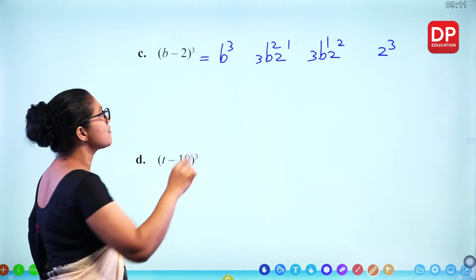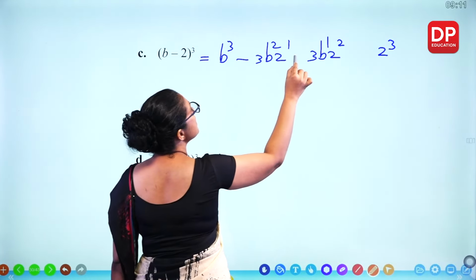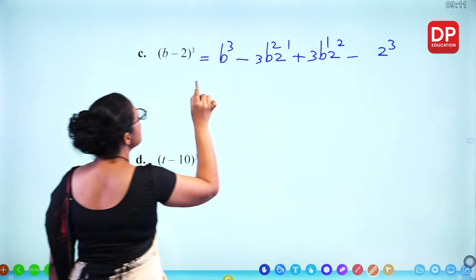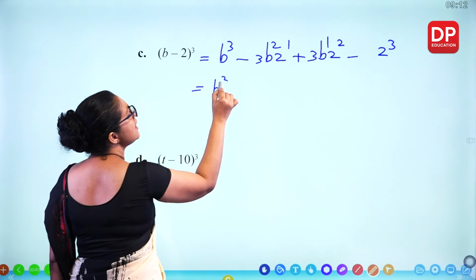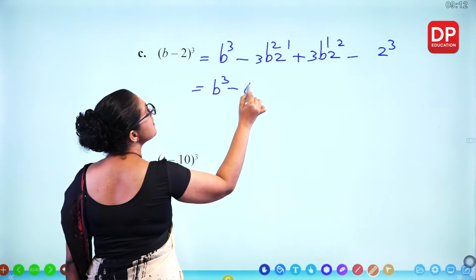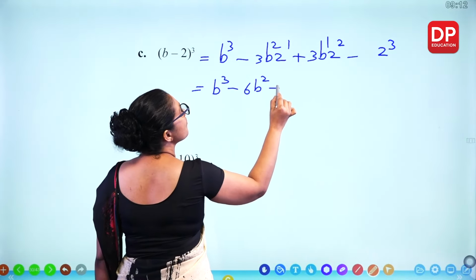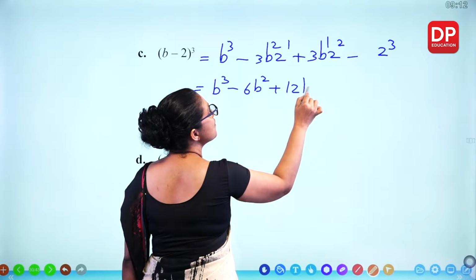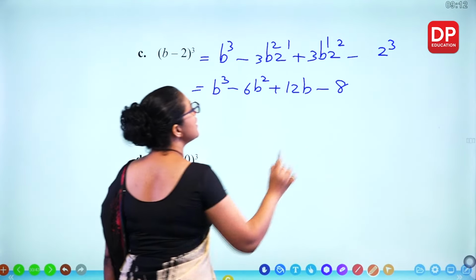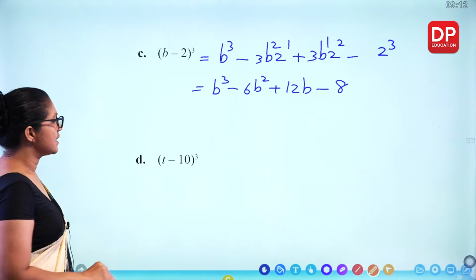If it's minus, first term plus, minus, plus, minus, and then expand. B to the power 3, 3 times 2, 6. 2 times 2, 4. 4 times 3, 12. 2 to the power 3, you get 8.